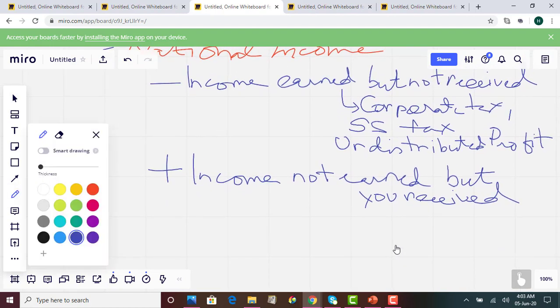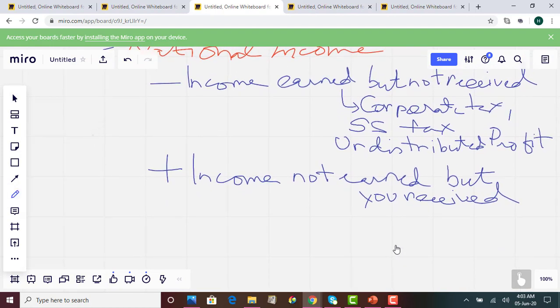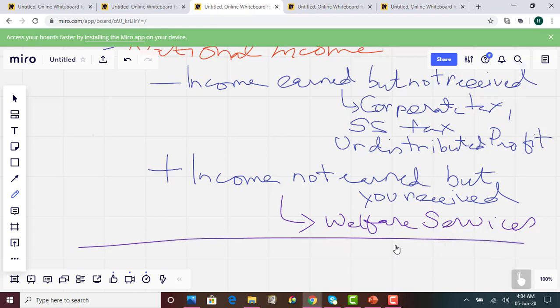So what can be an example of this? An example of this is welfare services such as social security benefit, or unemployment benefit. These are income that we have received but we did not earn. Okay, so we add these numbers to the national income, and when we do that we end up with personal income.